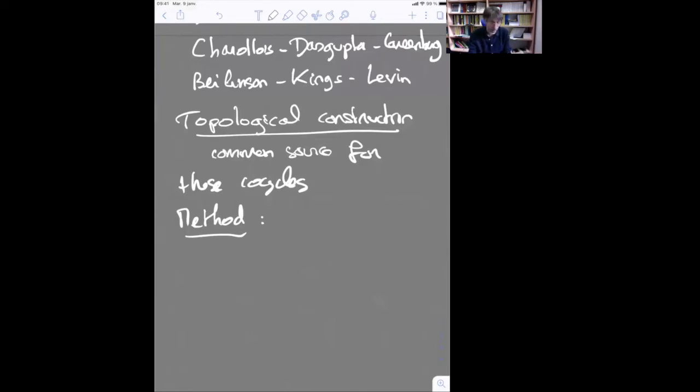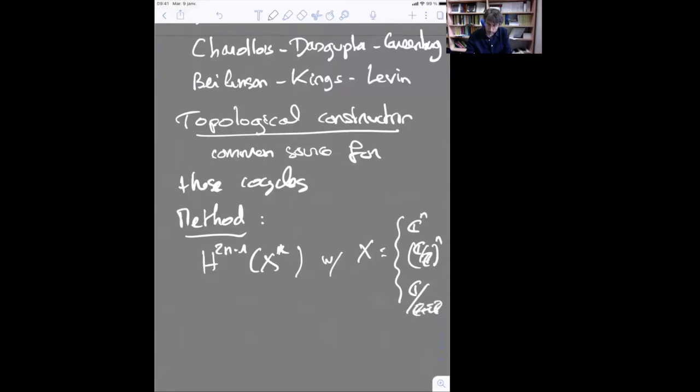The topological method is to start with the cohomology of degree 2n-1 of some space X star, where X will be either C^n, or (C/Z)^n, or (C/(Z+τZ))^n. And I will erase some finite number of points, so X star will be X minus a finite number of points.